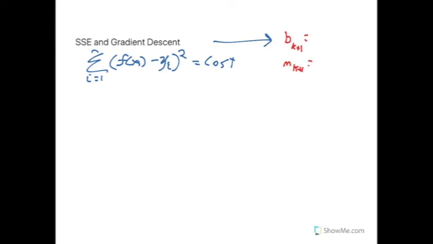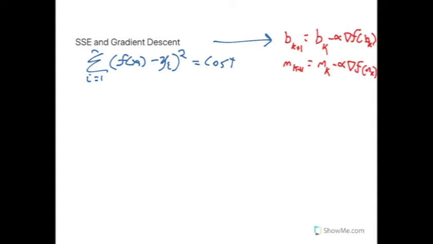Beta k plus 1 and m k plus 1 are simply equal to the beta of k, or the m of k, minus some learning rate alpha times the derivative of the function with beta k, so the derivative of the function with m of k.